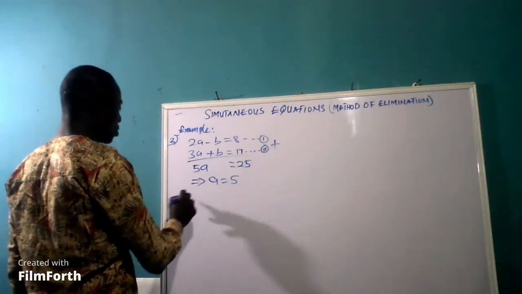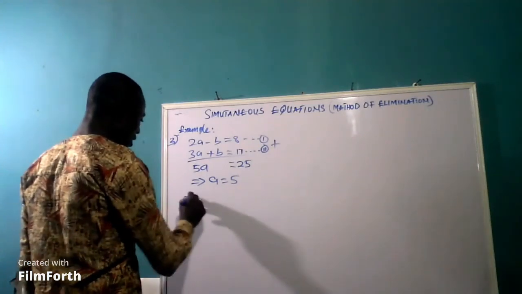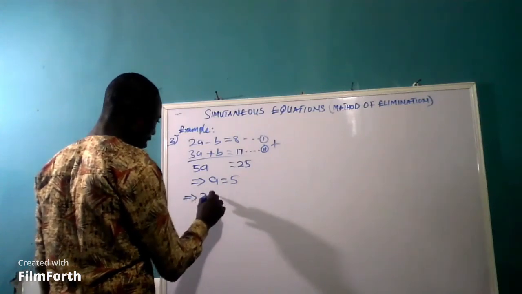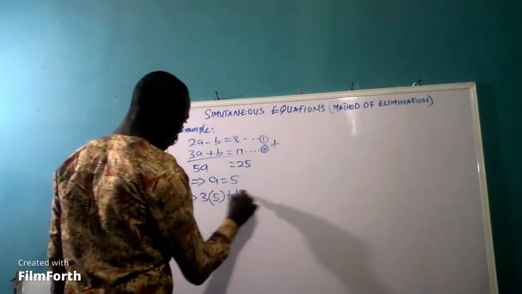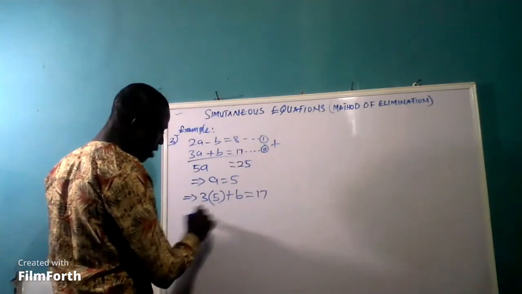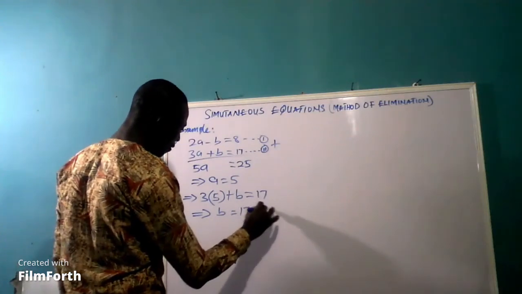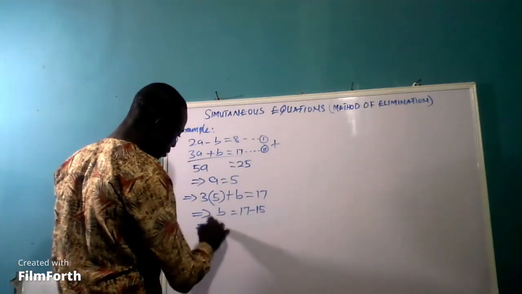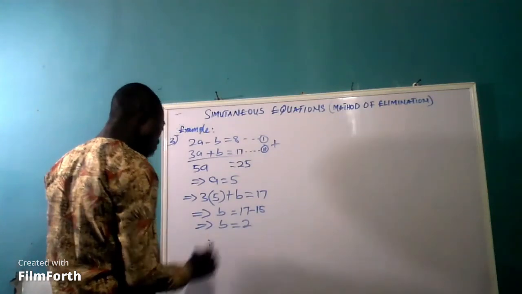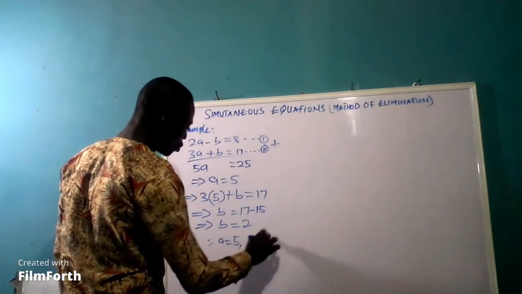If I substitute a equal to 5 into equation 2, that will give us 3 into bracket 5 plus b equals 17. And from here we have b equal to 17 minus 15, and that will give you b equal to 2. Therefore, a is equal to 5 and b is equal to 2. So thank you.